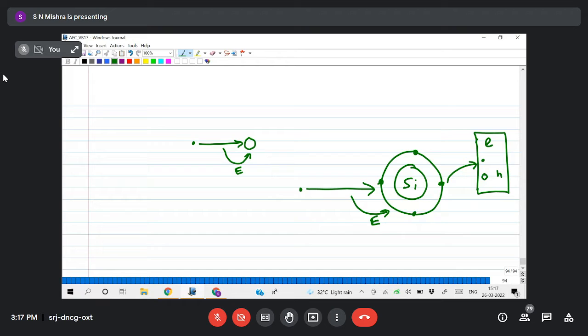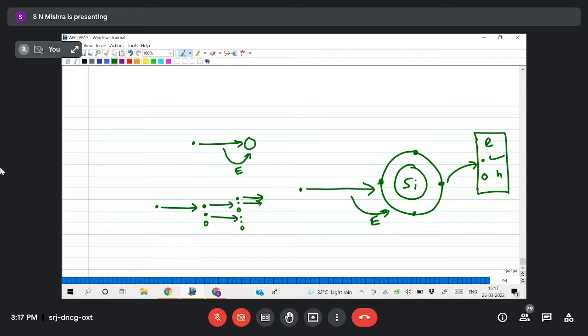Now, if I see, one electron is traveling, during this collision I am getting the original electron plus one extra generated electron, and one hole. Now, this electron will generate another electron with one hole.